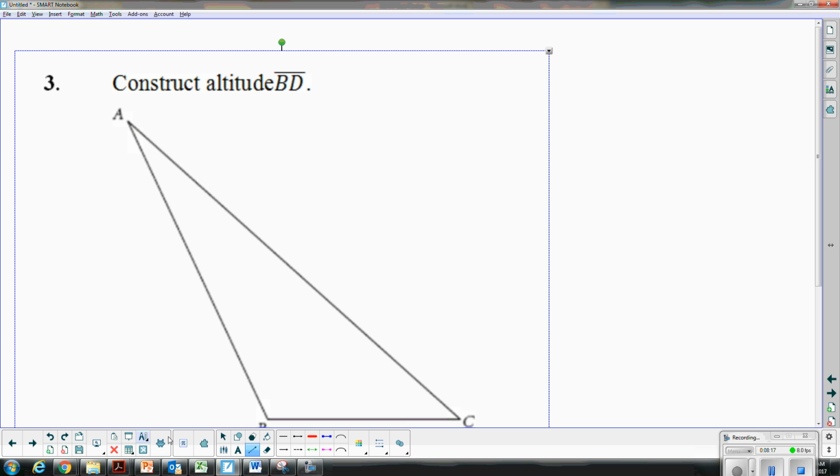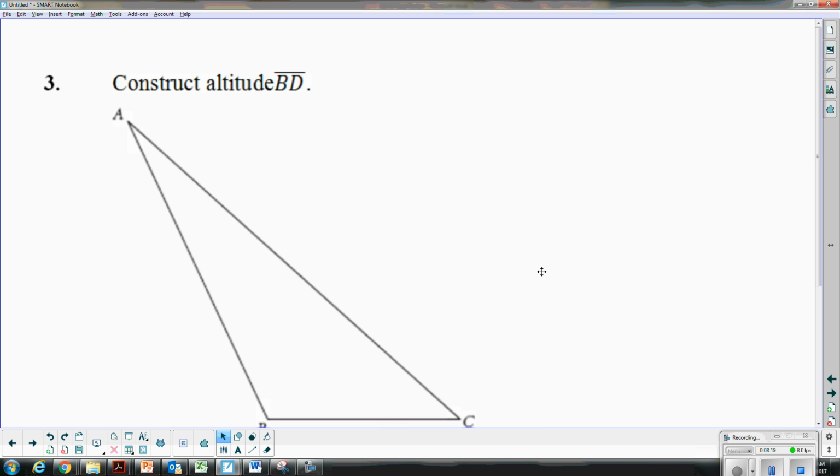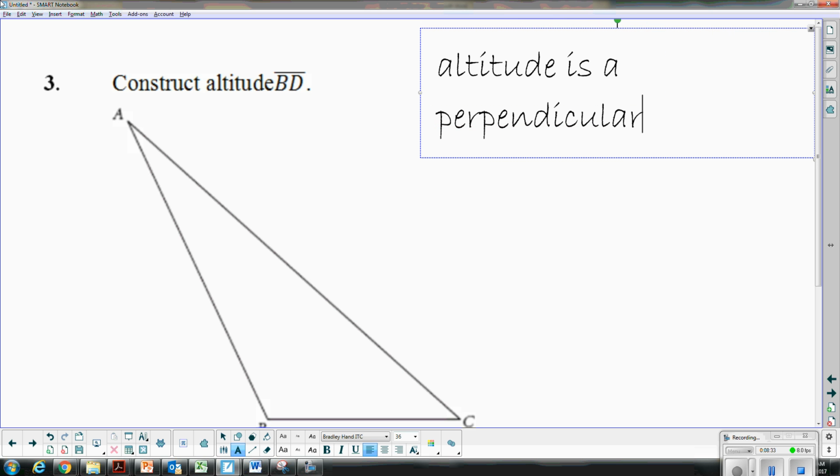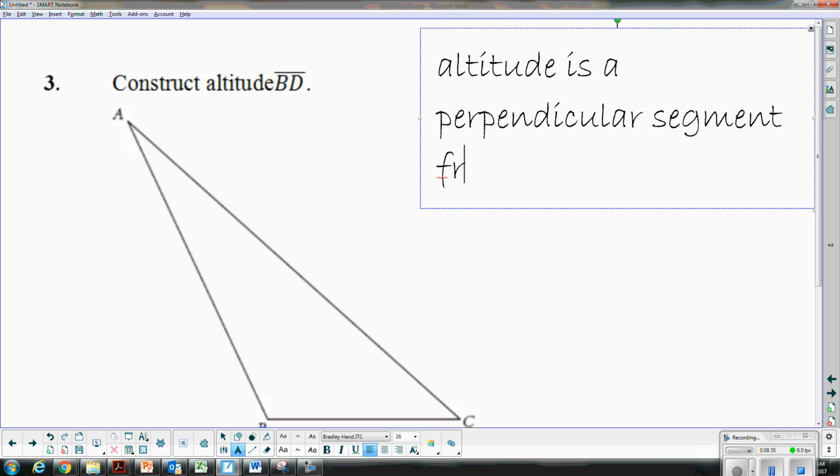All right, the next one is constructing altitude BD. Altitude is a perpendicular segment from a vertex to the opposite side.